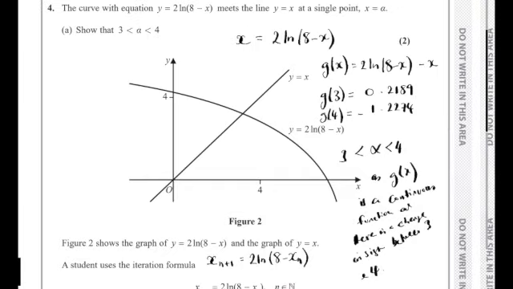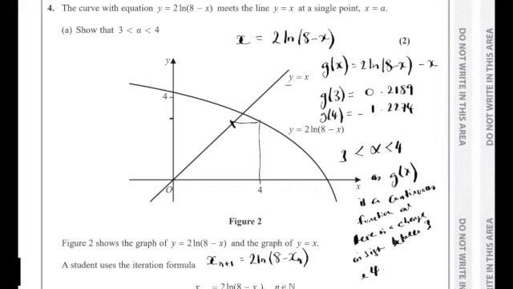So I'm going to go back to the graph and see what happens as we put x equals 4 into that graph. When you put in x equals 4, the calculator will give you that y value here, and that is going to become our new x value, which means that since this is the line y equals x, my new x guess is going to be this value here.